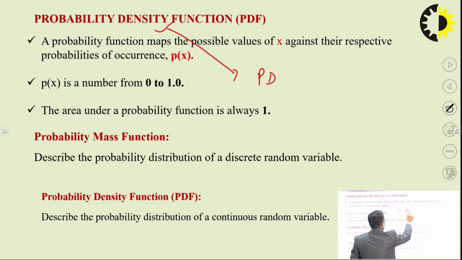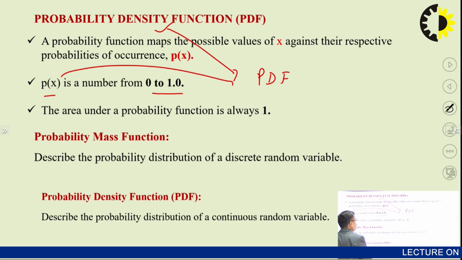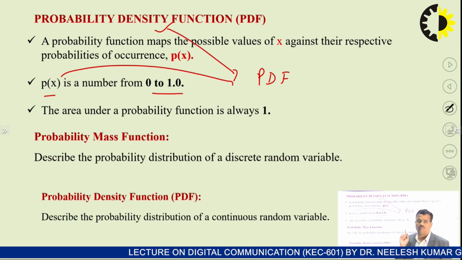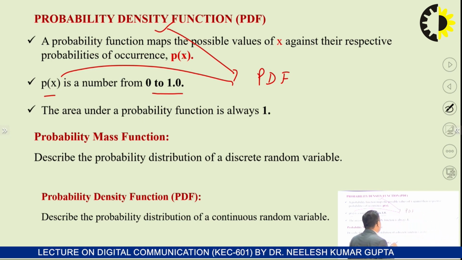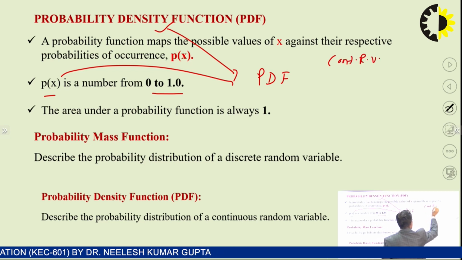PDF means probability density function. Its value P of x lies from 0 to 1, and the area under the curve of the PDF will always be equal to 1. And this is for continuous random variable.